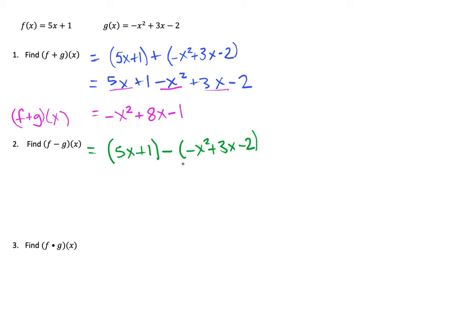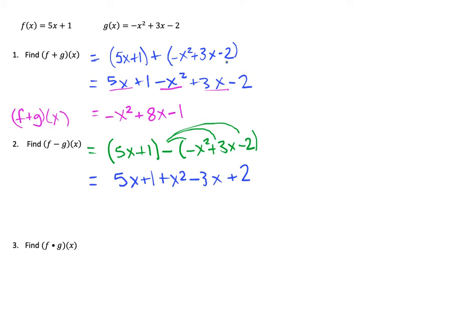Now I can't drop the parentheses until I have distributed that negative to all the terms after it. So I will drop it, but I will change the signs. Instead of a negative x squared, I'm going to have a plus x squared. I'm going to have a negative 3x and a positive 2.